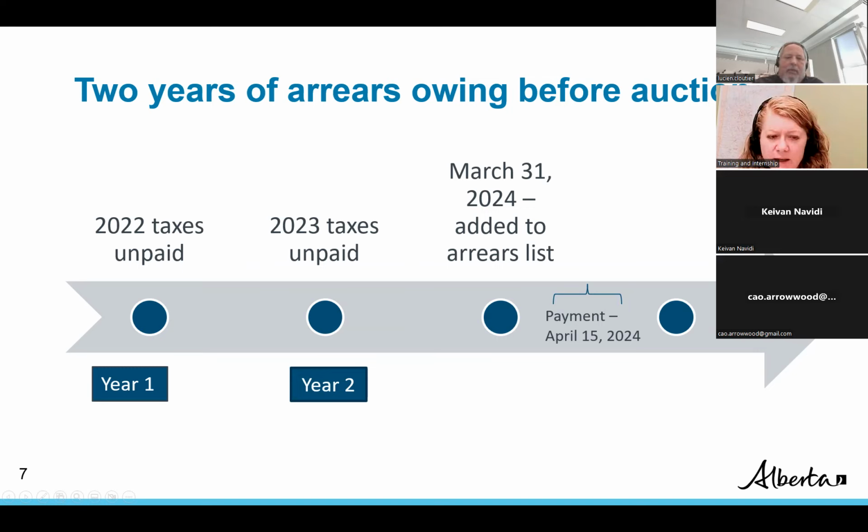This first slide here shows for 2024, all owners already on the arrears list that come in to pay off their balance after March 31st, say on April 15th, will then need to pay the 2022 and 2023 taxes before they can be removed from the auction list.